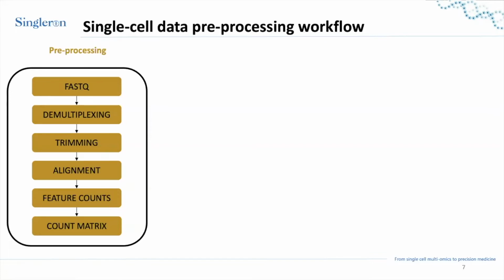From there, we can calculate the feature counts, specific for single cell, where a particular gene as well as a particular cell can be determined, so that for each individual cell, we know the gene expression at the individual cell level. And finally, the count matrix is generated from this whole process.